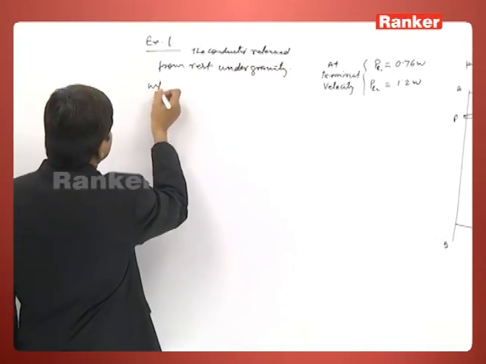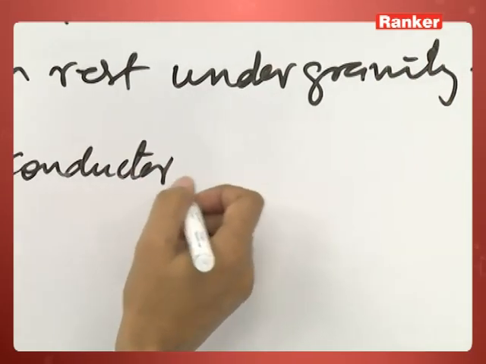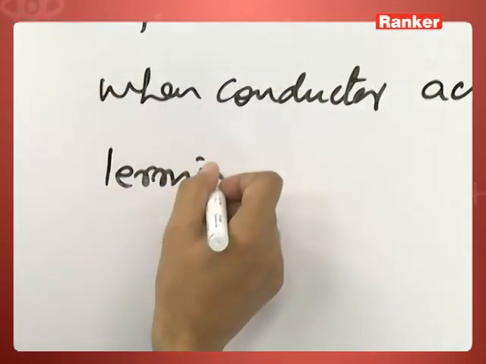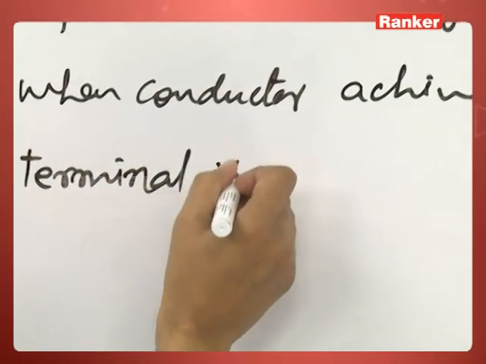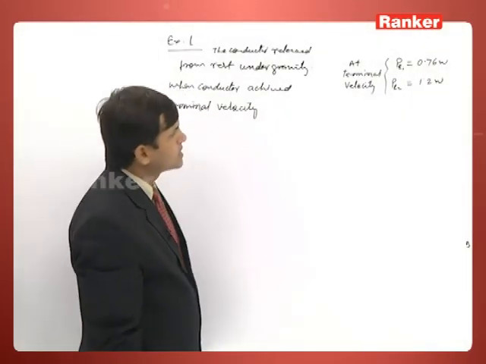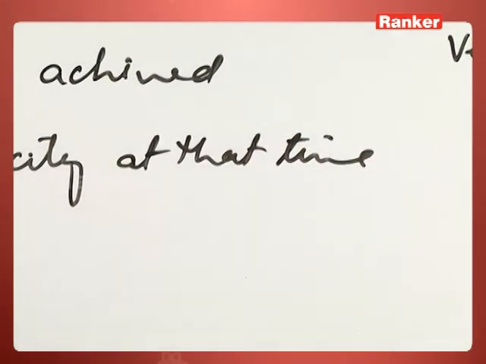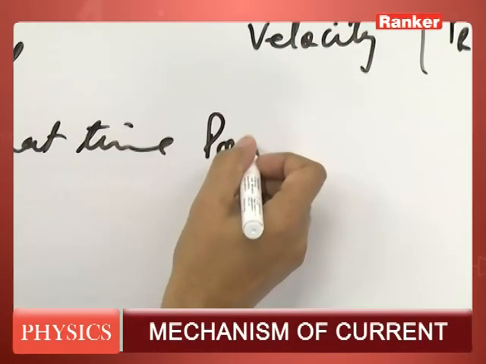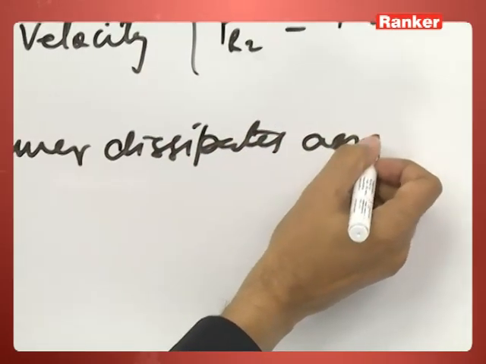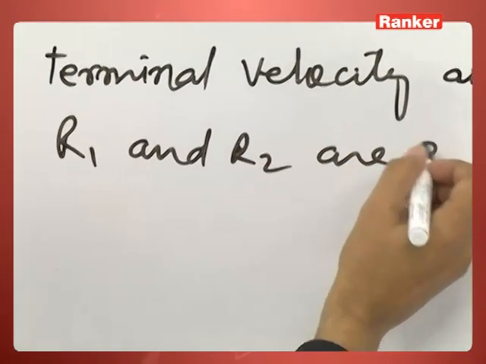When the conductor achieves terminal velocity, at that time the power dissipated across R1 and R2 is given.